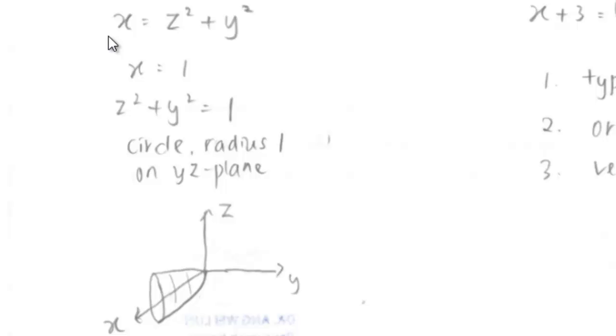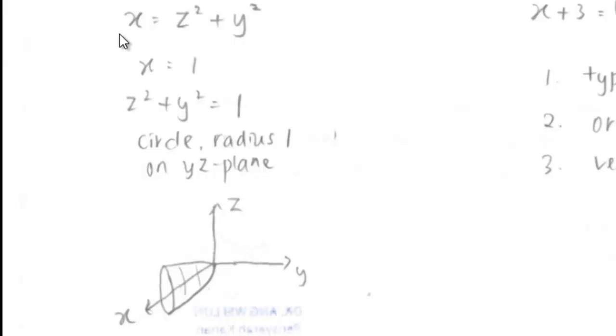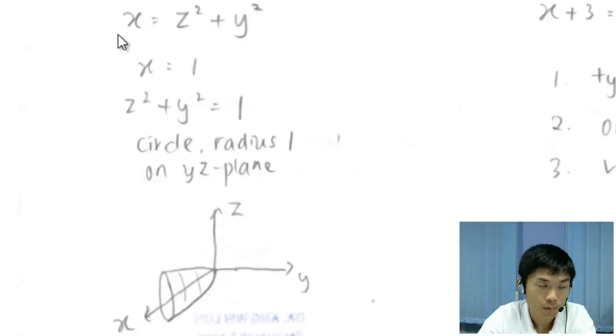One simple way: remember the mesh lines, the traces in the previous video where we determined the intersection curve. We cut across the quadric surface with a plane. Now, using this concept, try to substitute the value of x with a constant. So you will end up with z squared plus y squared equals a constant.